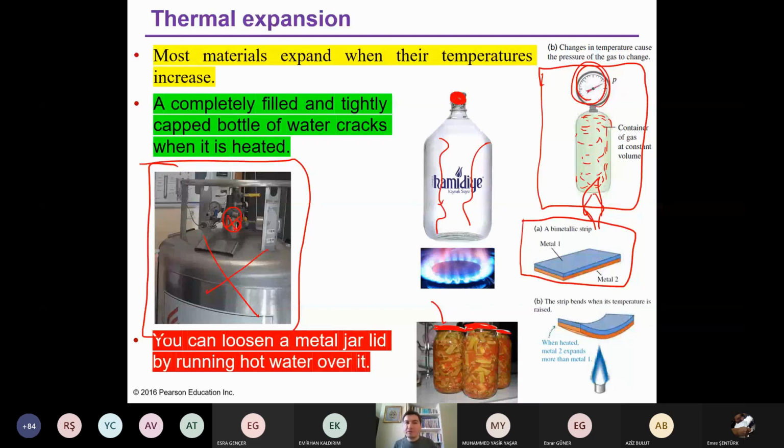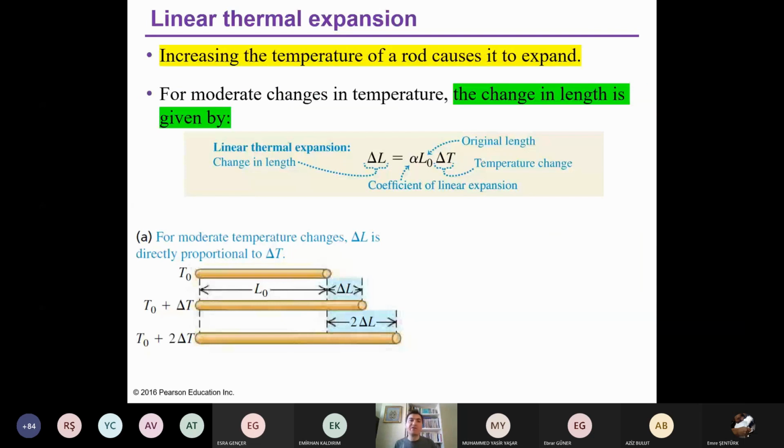And let me continue with the linear thermal expansion. So if you increase the temperature of a rod, then its length will increase. It will be expanded. So how to define this change in length? It is given with this equation here.